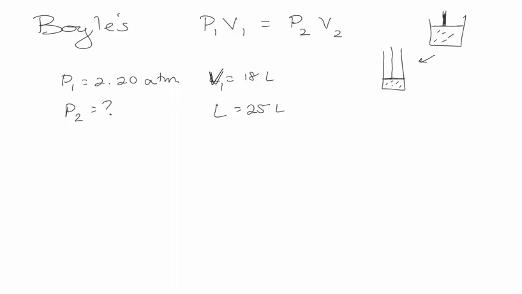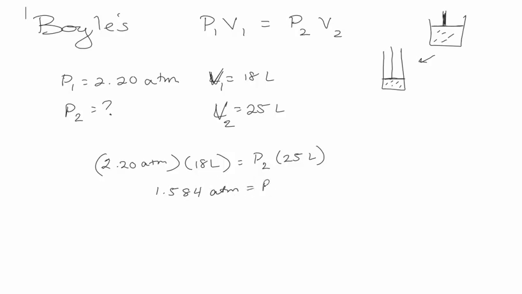So we plug in the values where they belong. Make sure that your 1's stay together and your 2's stay together. Now when we perform this arithmetic, 2.20 times 18, I get 1.584, and divide it by 25, I get 1.584 atmospheres, and that's P2.